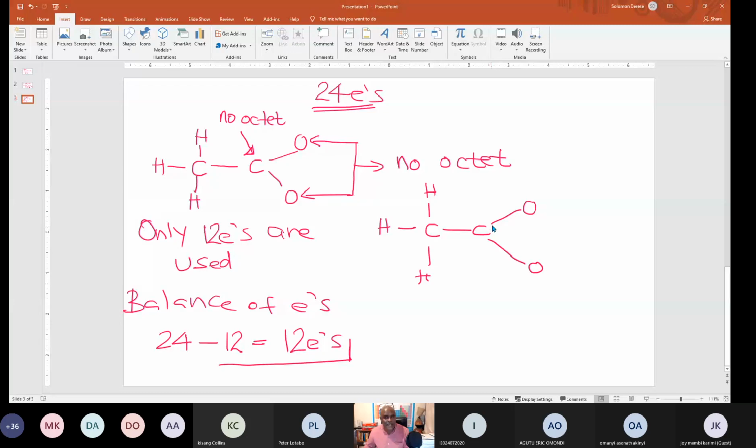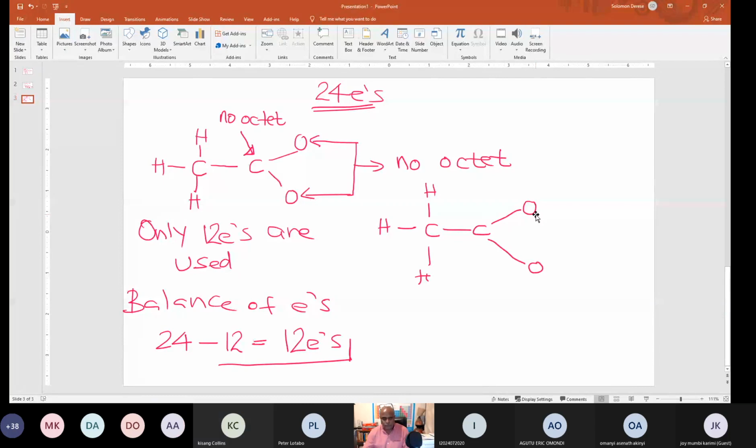As a result of that single bond, on each of the oxygens we have 2 electrons. How many additional electrons will these oxygens need to have an octet of electrons? Can you tell me how many additional electrons this oxygen will need to have an octet of electrons? 4.